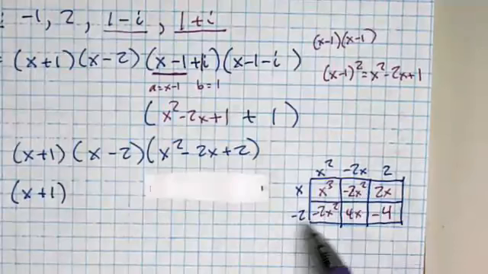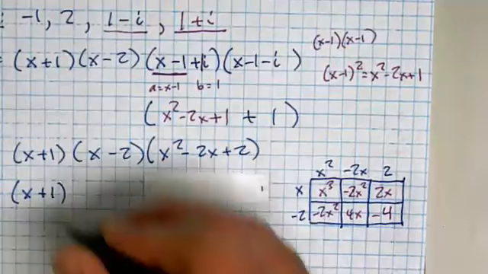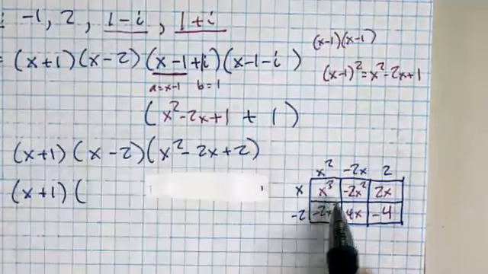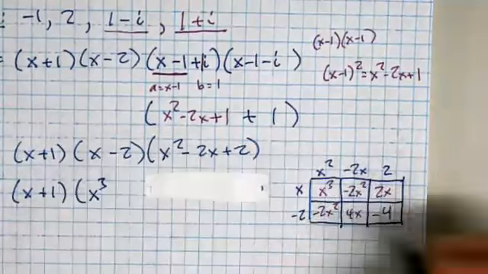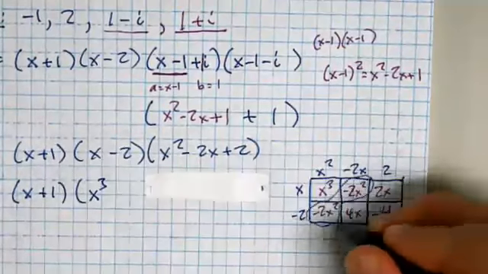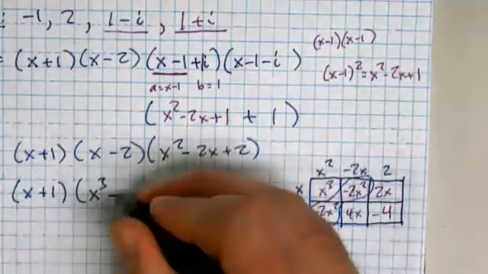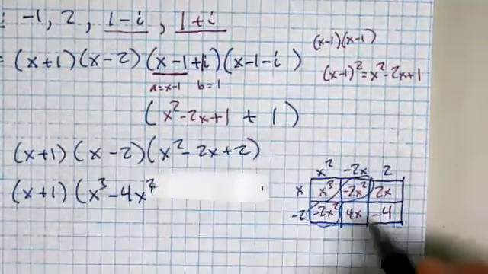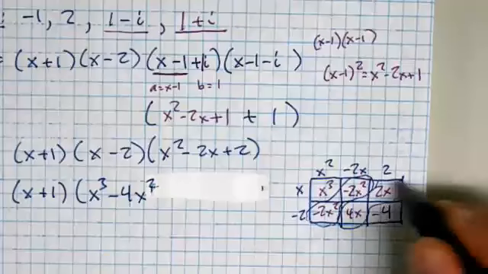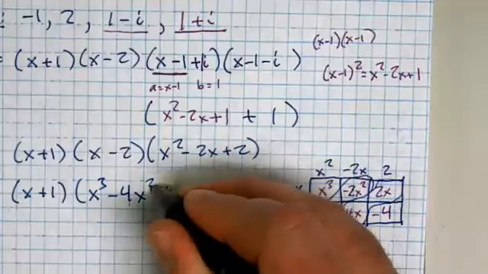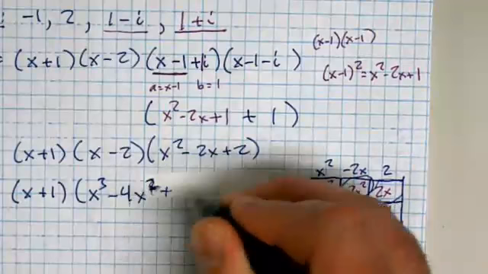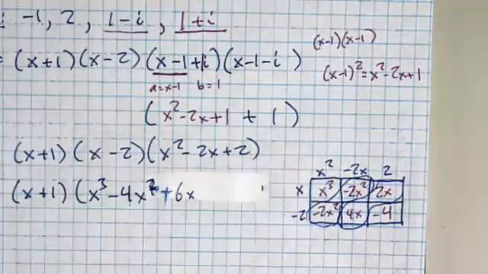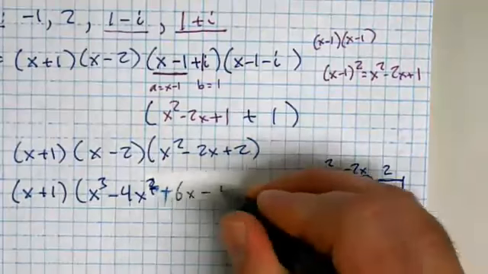Just double checking my signage here. Good. Do a little combining like terms as we bring this over. It's only 1x cubed. Got a couple x squareds here, and I got a couple x's, and a minus 4.